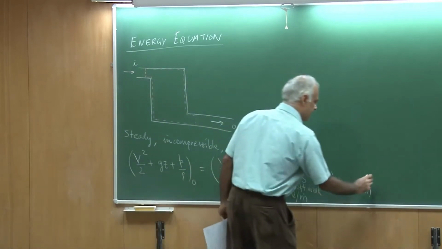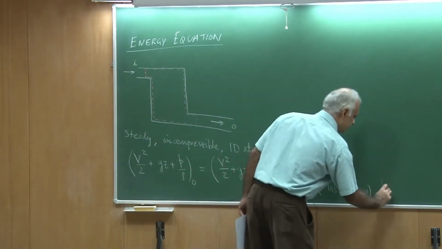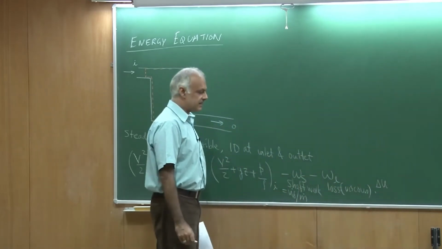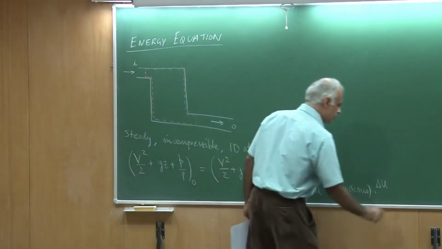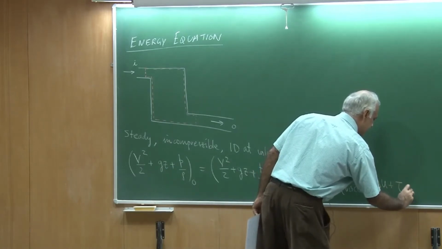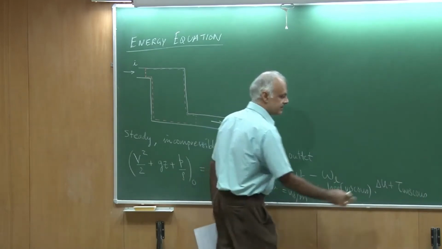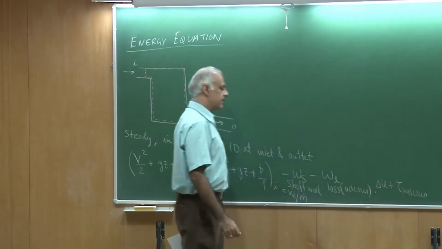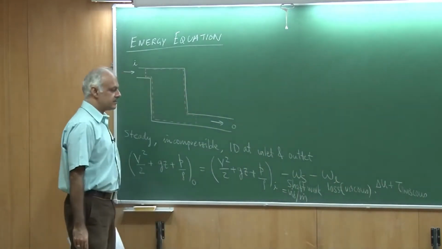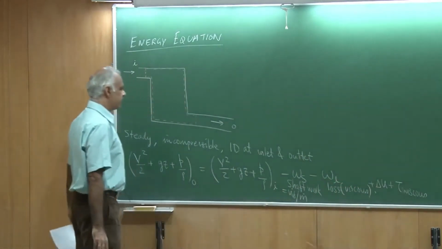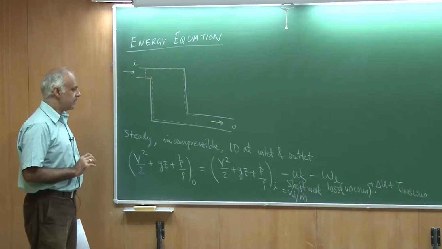It has essentially the delta U, which is the internal energy, and then of course also the work done due to the viscous forces. So, all those have been clubbed into the Wl. So, this is where we were.